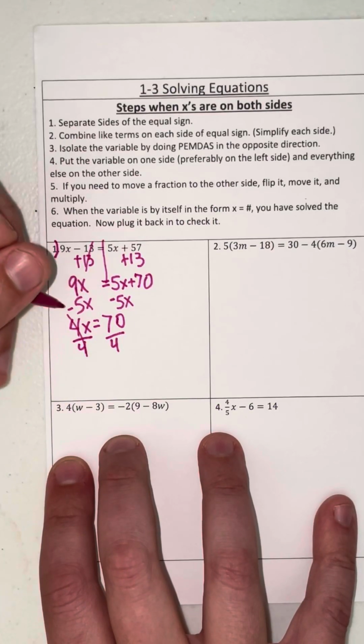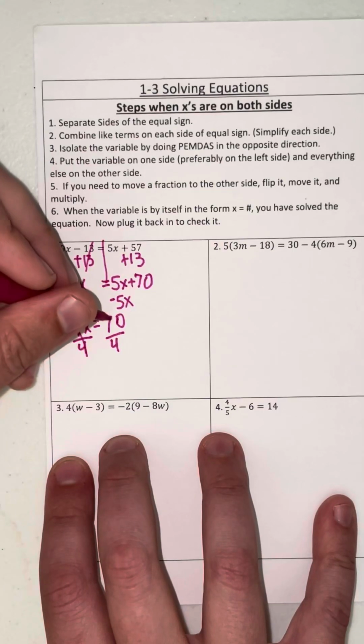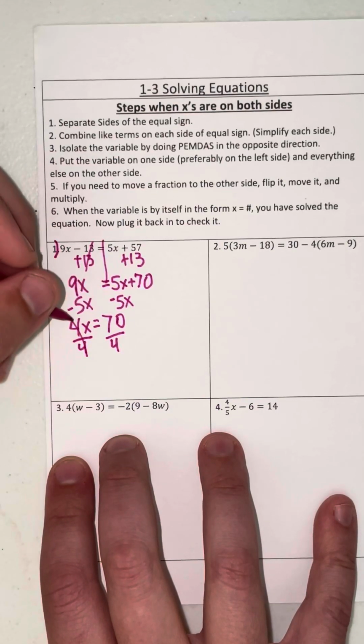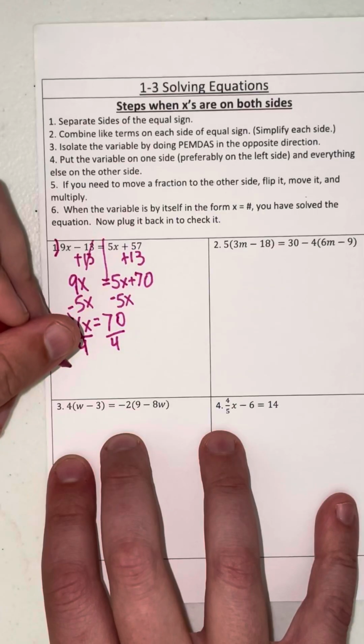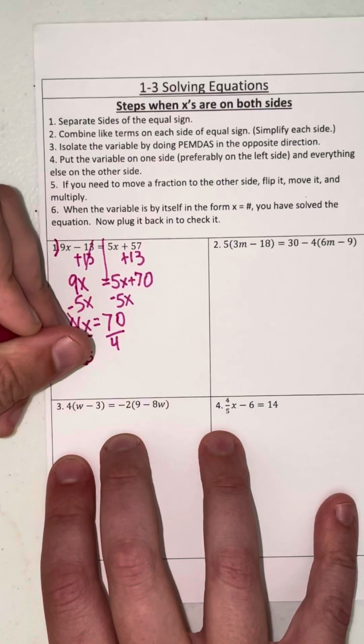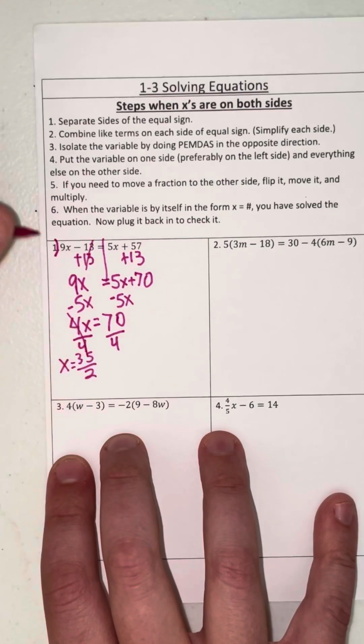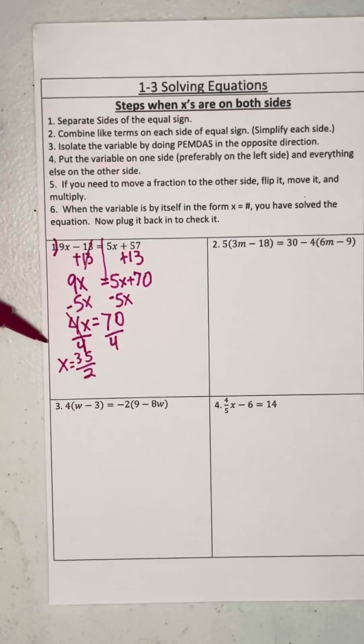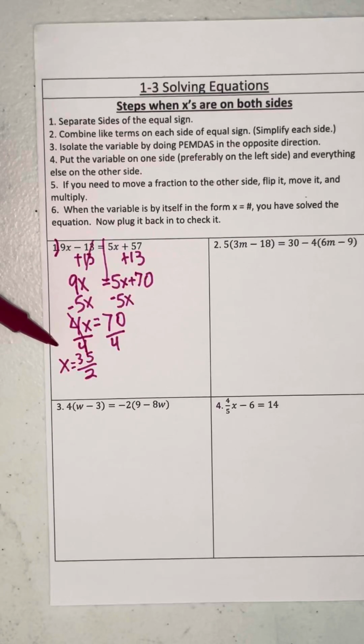So I end up with x equaling 70 over 4, and that will simplify down a little bit. We can get it to x equals 35 over 2, or if you wrote it as 17.5, then that would be fine as well.